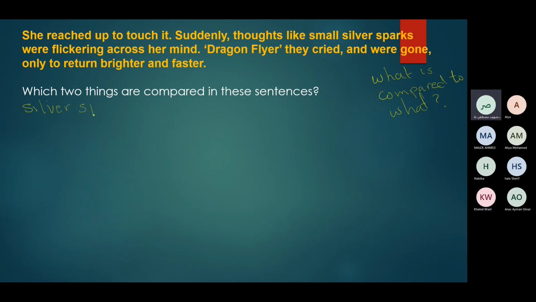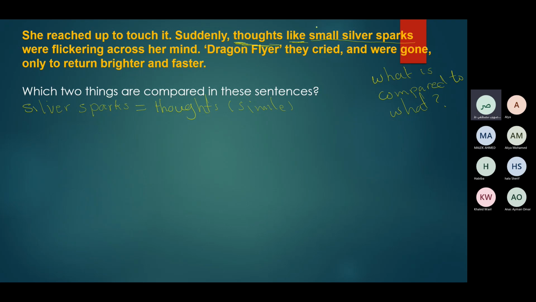Yes, exactly. The silver sparks are compared to what? To thoughts. How do we know? With the simile. He said here, thoughts like small silver sparks were flickering.